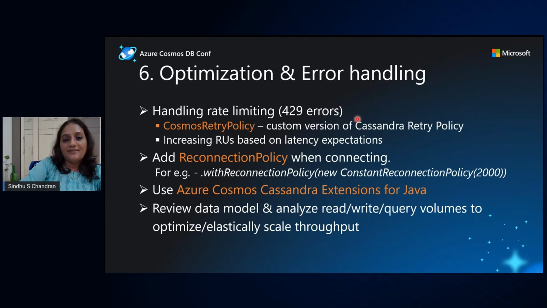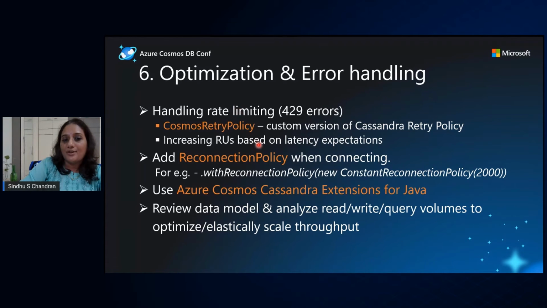And this is again very important to know. One of the first things that you face when you move is the rate limiting issues. In the case of Kirana Q, the jobs were failing because of lesser RUs, and you don't really want your jobs failing because of it. So there are two options.